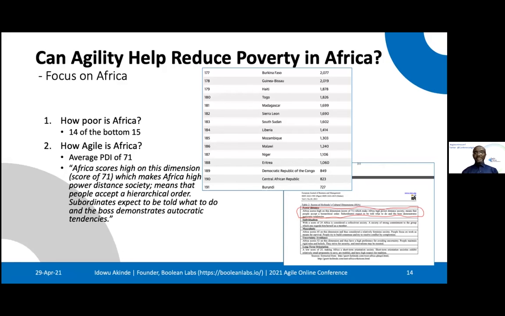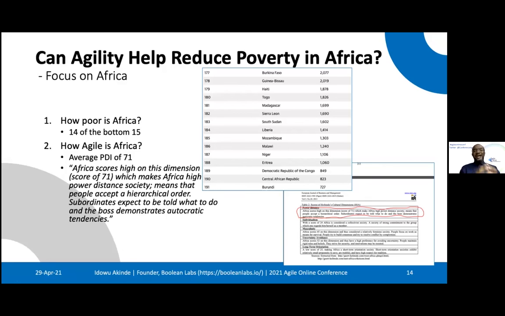Having looked at the data set, I would like to submit to you, so this is my submission in summary, that as the data has shown us, when PDI is low, there is a high probability that the country within which that organization operates will be a rich, wealthy country.